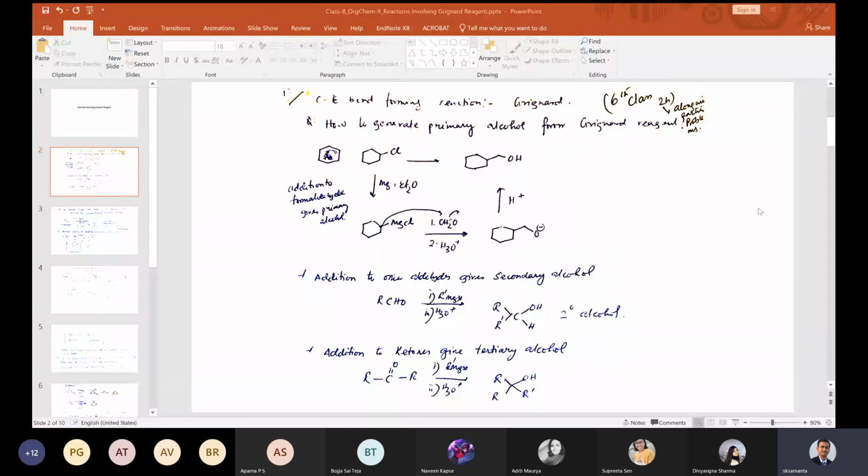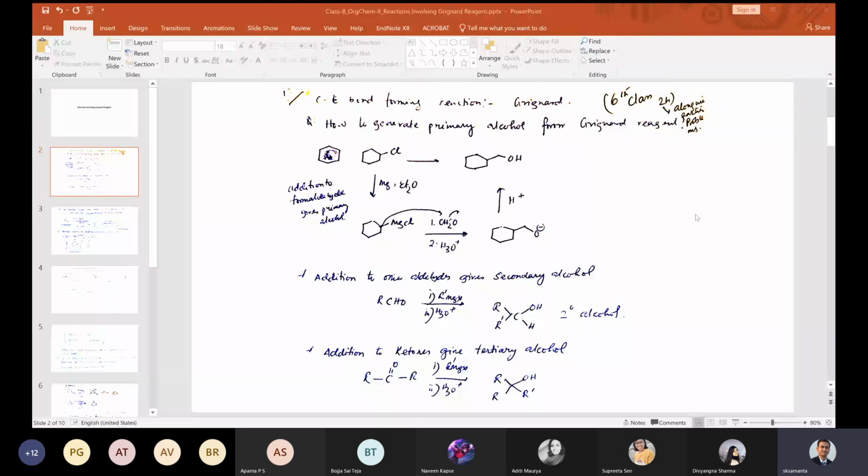One was to use the epoxide and then add the Grignard reagent, forming a primary alcohol. Another was to use a chloroethanol-type moiety, where the Grignard reagent would remove the chlorine and also form the primary alcohol.